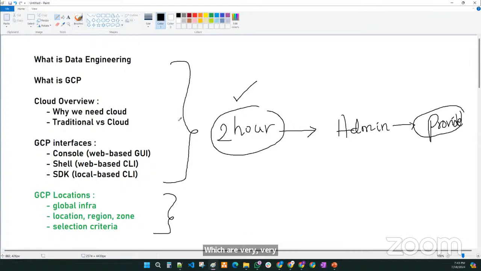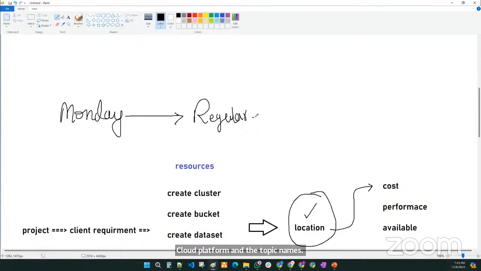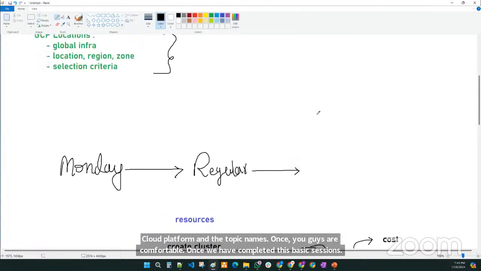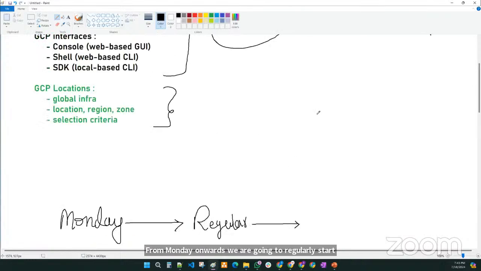I just wanted you to become comfortable with the topics and with the Google Cloud platform and the topic names. Once we have completed these basic sessions, from Monday onwards we are going to start our regular sessions so that you can see the real topics for GCP data engineering.